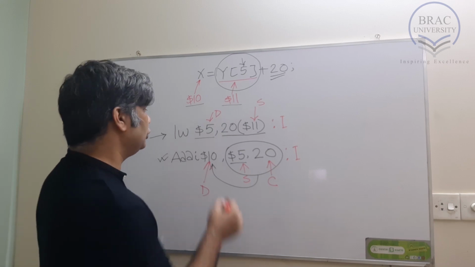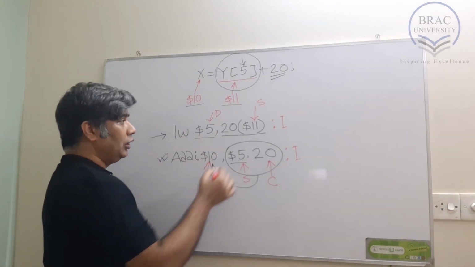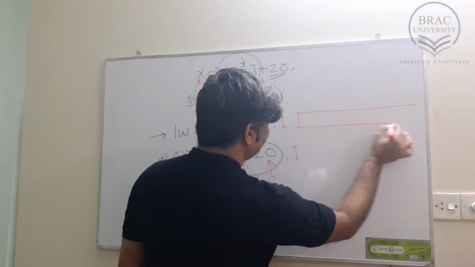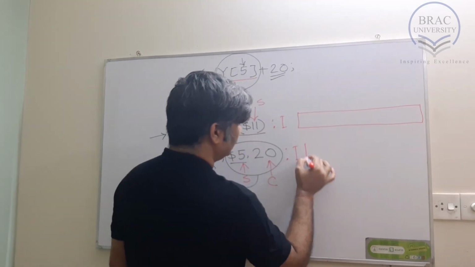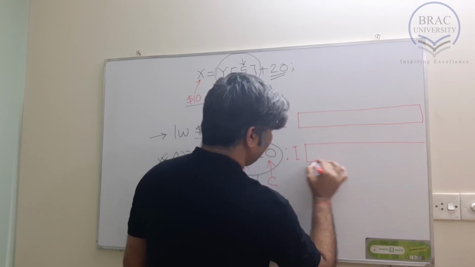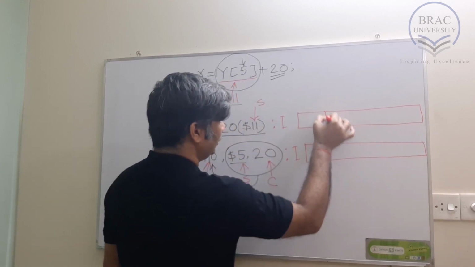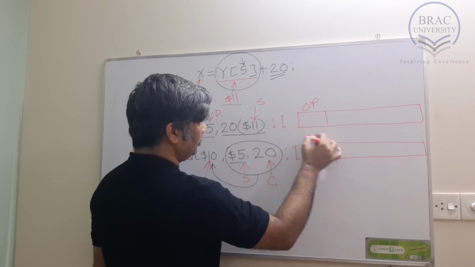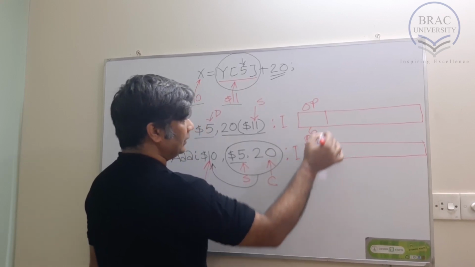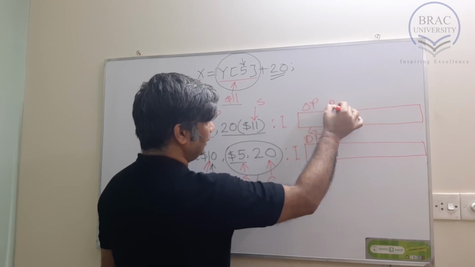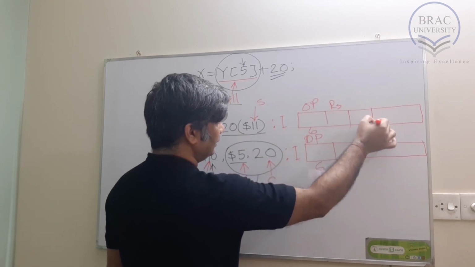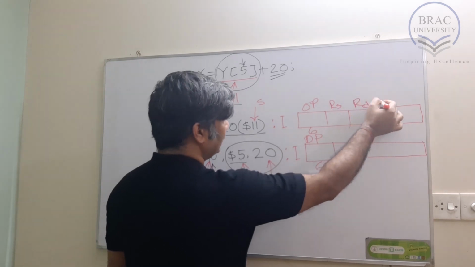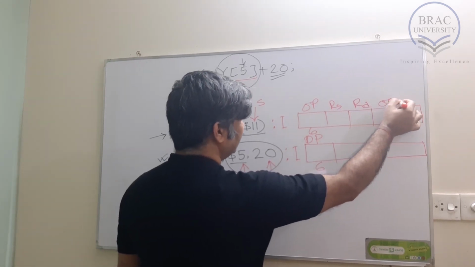So what do we need to do here? We need to generate the I-type instruction format for both these cases. We have opcode, which is 6 bits, and then we have RS and then RD or RT, it's up to you, and then we have offset.